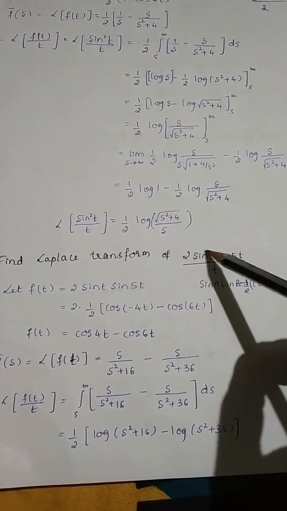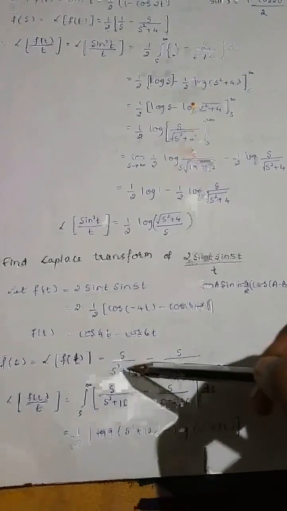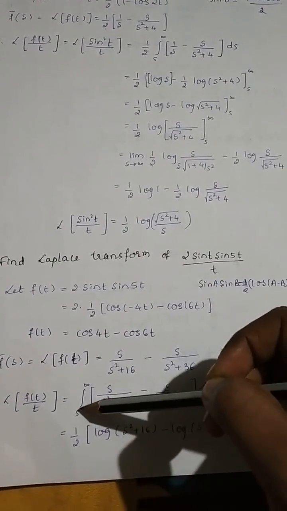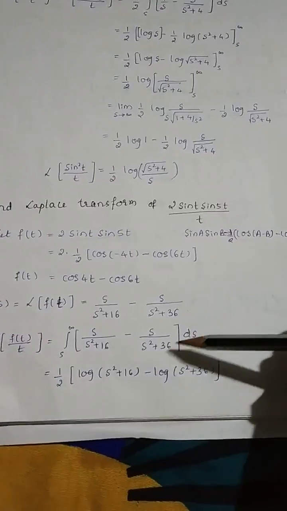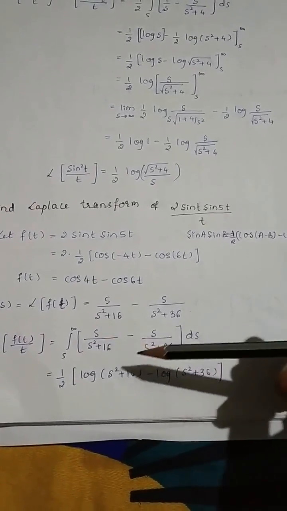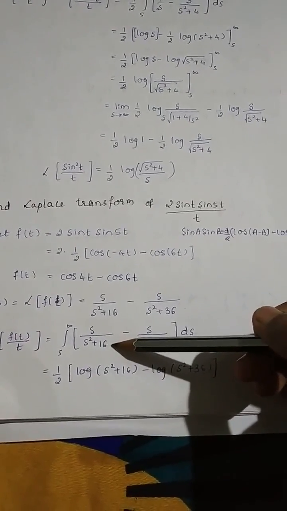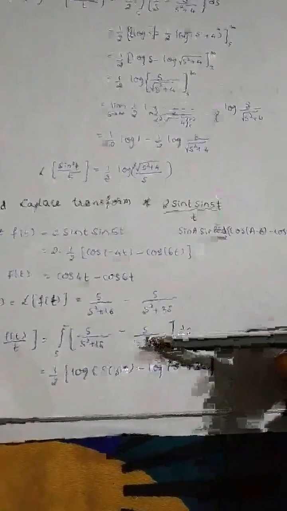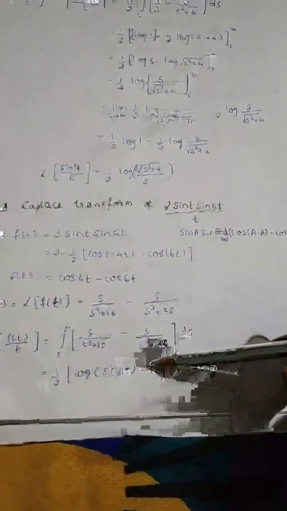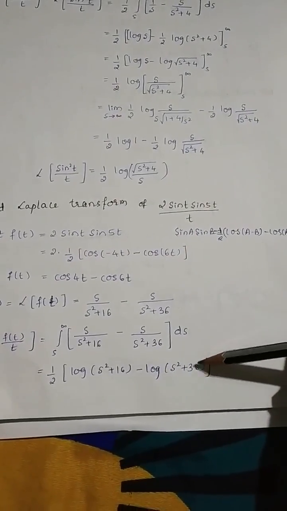Now it is of the form f of t by t. Therefore we need to integrate this term with respect to s between the limits s and infinity. The integration of s upon s square plus 16 is 1 by 2 into log of s square plus 16, and the integration of s upon s square plus 36 is 1 by 2 into log of s square plus 36.